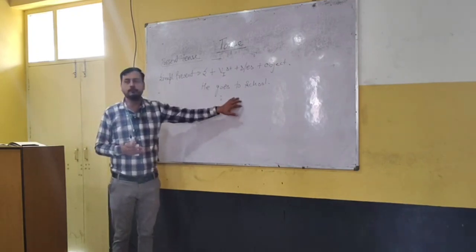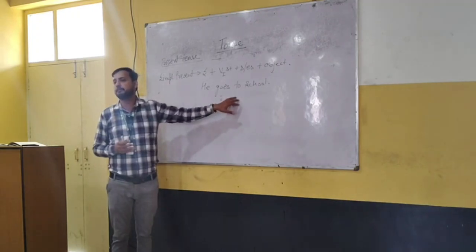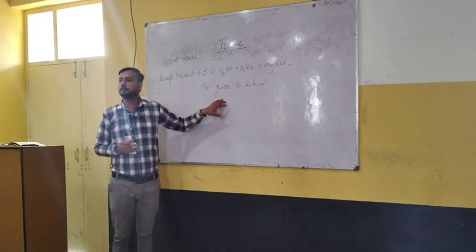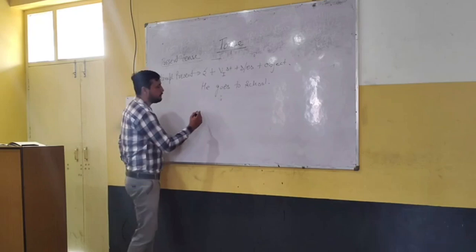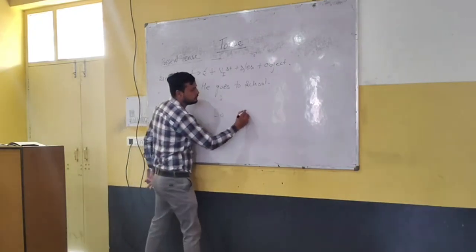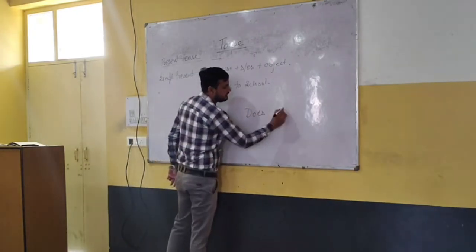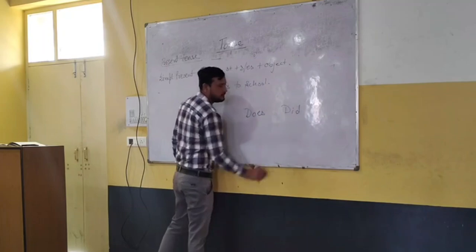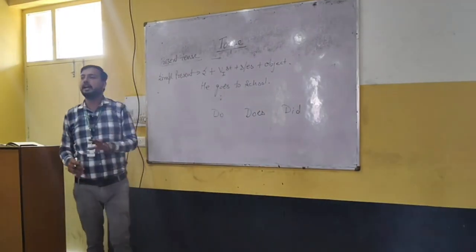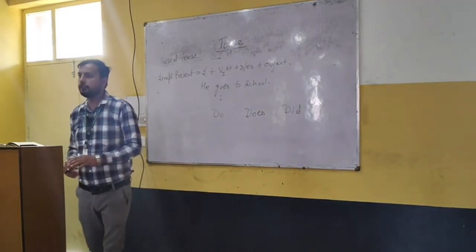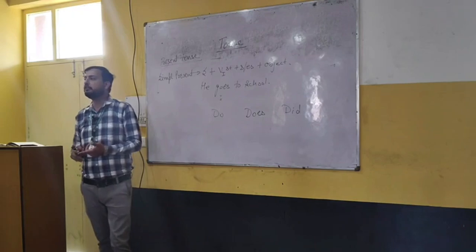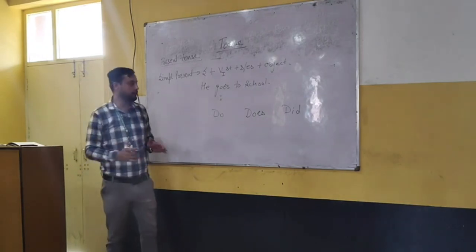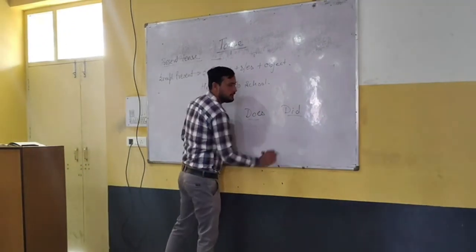But in this sentence, we don't have any kind of helping verb. So when we don't have a helping verb, what will you do? You have to use do, does, and did. Clear? If you don't have any helping verb in your sentence and you have to make the negative or interrogative sentence, then you have to use do, does, did.